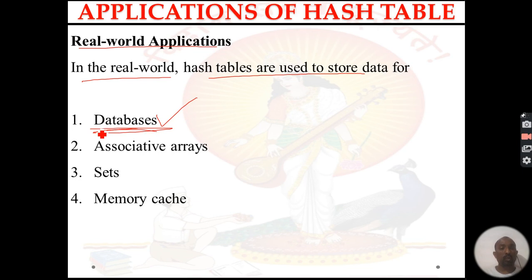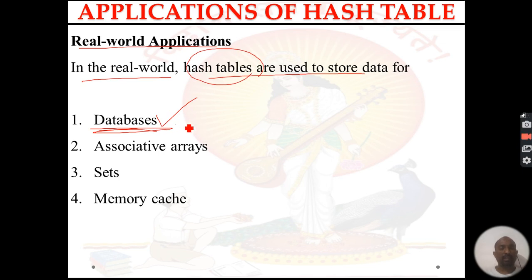So if you want to store the data, then we need hashing. That's why, in databases where we can store a large amount of data, hash table is important, and this hashing concept is used for databases.